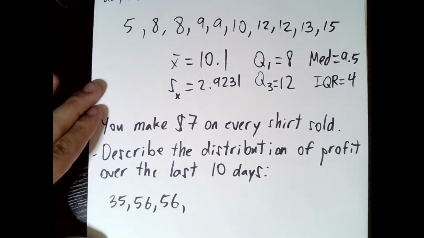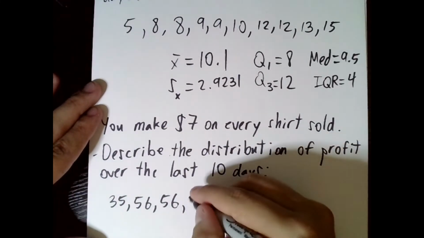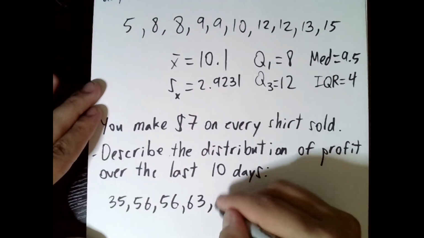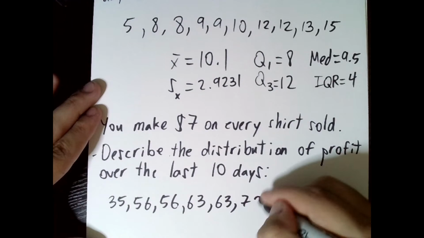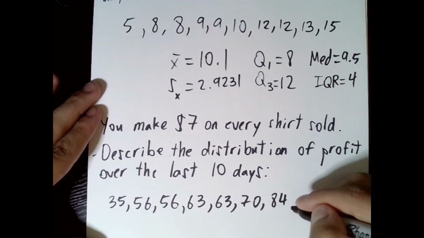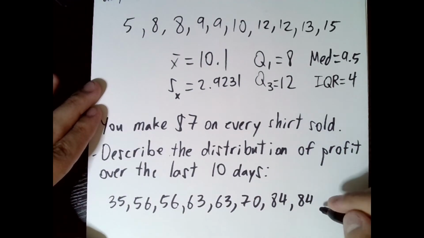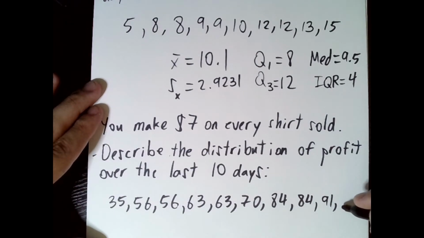Multiply 9 by 7, you get 63, 70, 84, 91, and then 105.